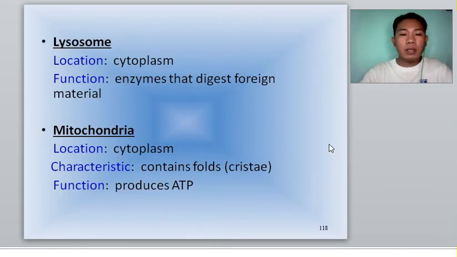Another structure is the lysosome. This lysosome functions for the digestion of materials inside the cell. And lysosomes are said to be the suicide bags of the cell because they contain enzymes that digest foreign materials that enter the cell.